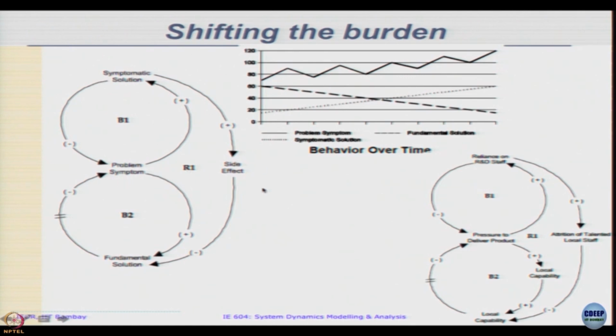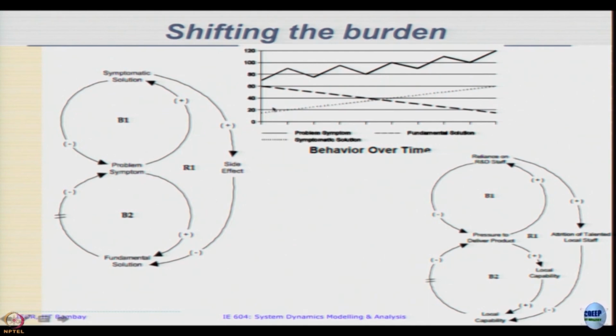However, because of the side effects of the symptomatic solutions that we are providing, the fundamental solution is avoided, it is delayed. So, after some time the problem again appears, again we give the symptomatic solution, again the problem disappears temporarily. However, the fundamental solution was never addressed.